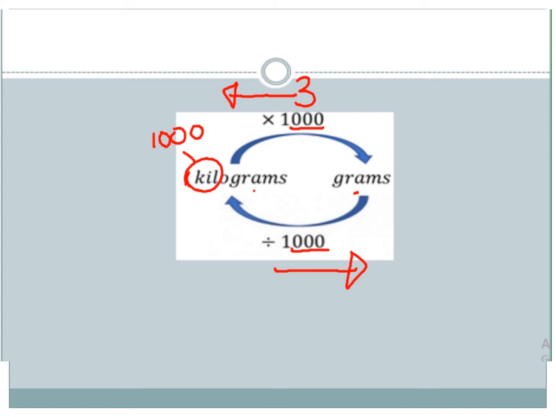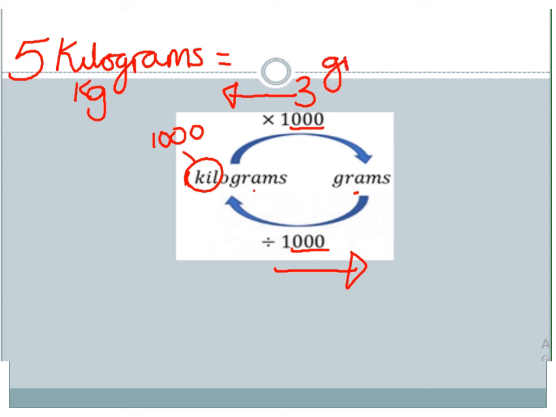So let's give an example. If I have 5 kilograms, or that could be kg, and I want to know how many grams, or g, I would do 5 times 1,000.